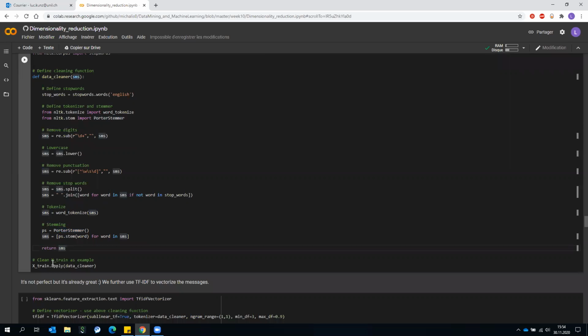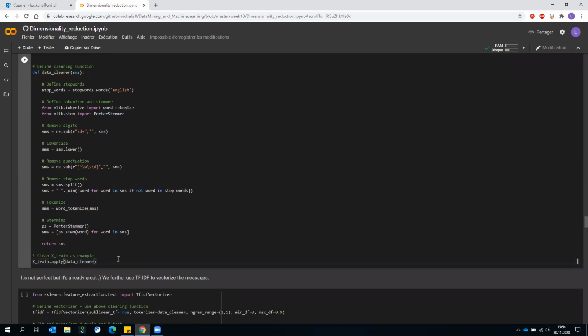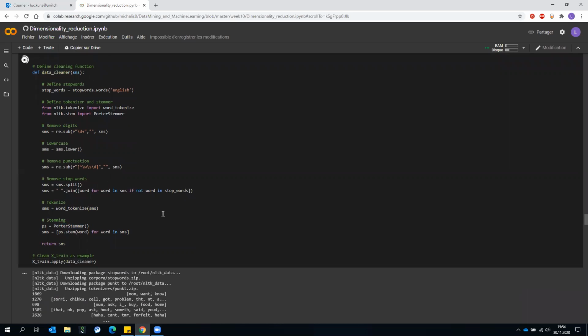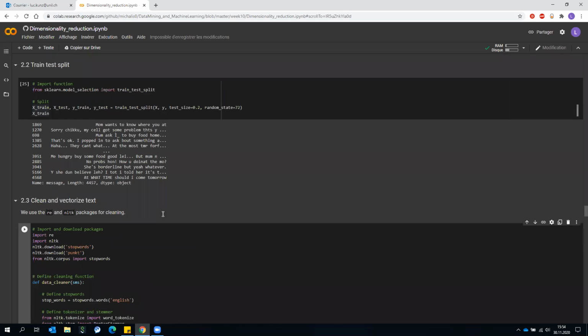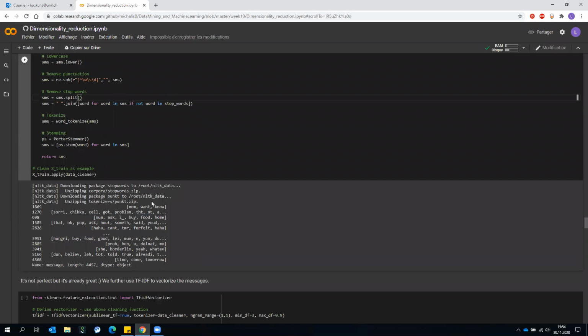And I show what's the result on X-train when I apply the data cleaner function. Okay, if I run this, we get, for instance, for the first one, which was mom wants to know where you blah blah blah, something like mom wants to know, because it removed the stop words.